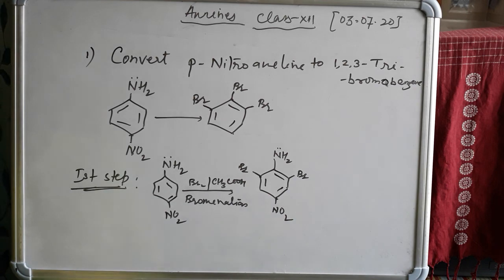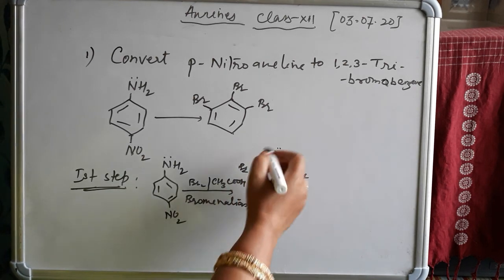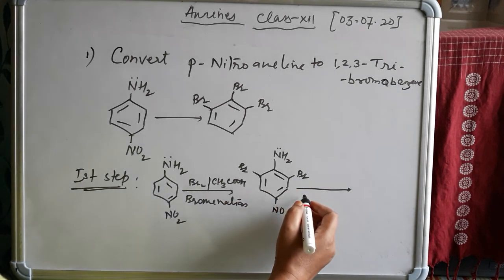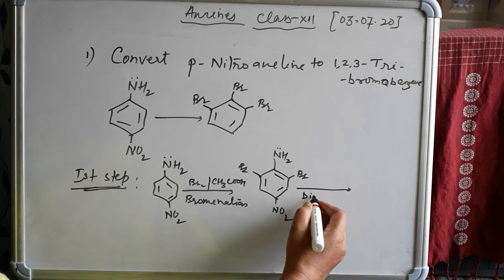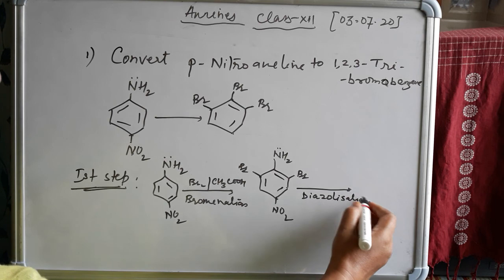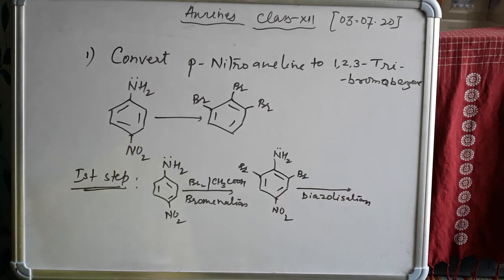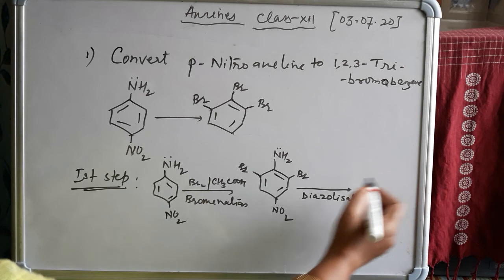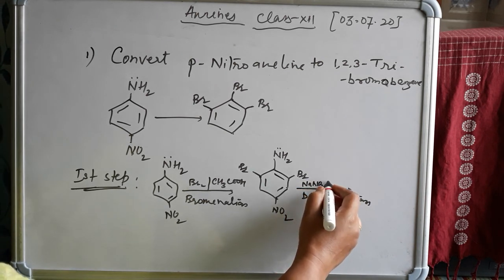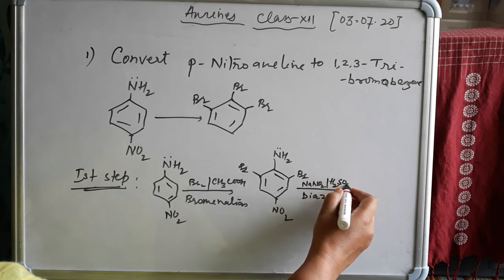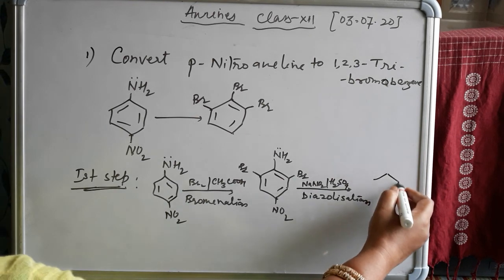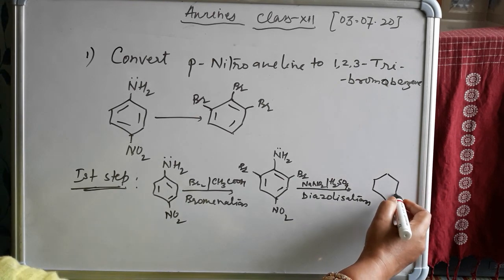Now in the next step, we will try to remove this group. How does this happen? Diazotization will proceed. What happens in diazotization? In the presence of sodium nitrite and H2SO4, we will take H2SO4 instead of HCl also. So we have a compound like this.